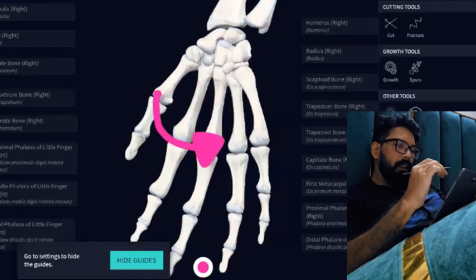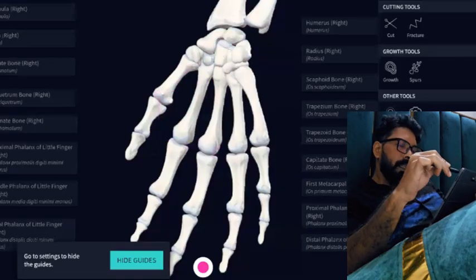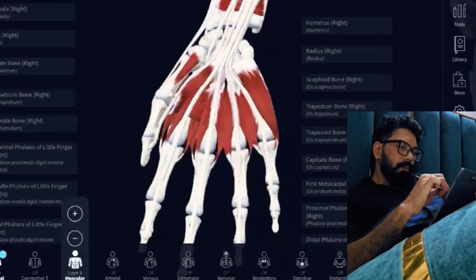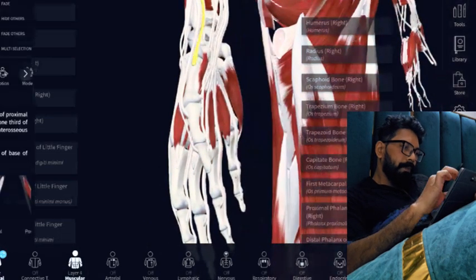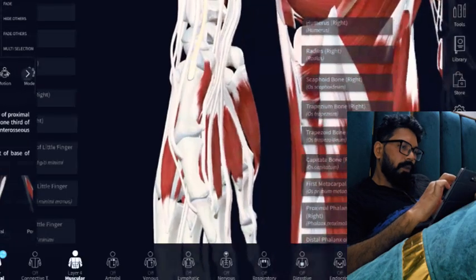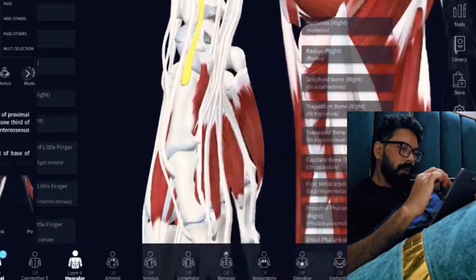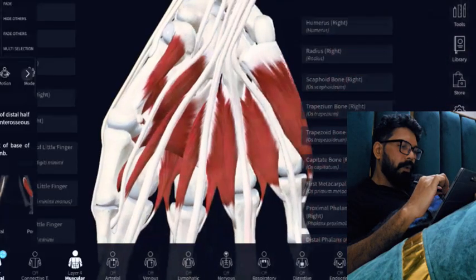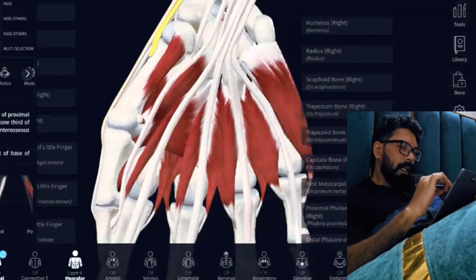Now there is another muscle that we call abductor pollicis brevis. So this is longus, where is the brevis one? This one. So this is our abductor pollicis brevis or APB, and this is our abductor pollicis longus.